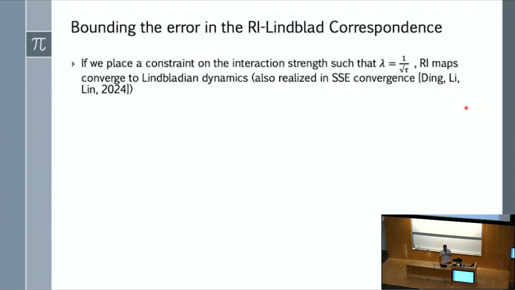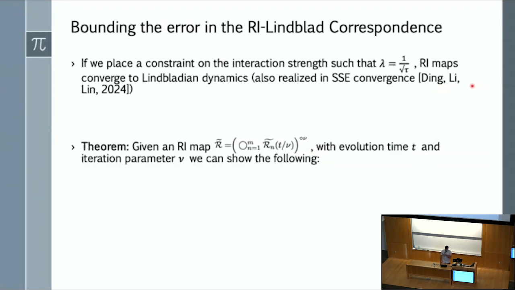I don't have much physical intuition to give you for why this is the limit. It just goes through. And interestingly enough, a similar limit also allows you to converge from stochastic Schrodinger equations to Lindblad dynamics in another regime that's investigated in a work that came out around the same time. So I also encourage looking into that if you're interested.